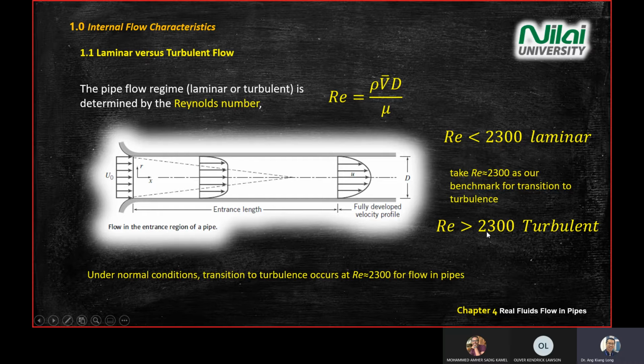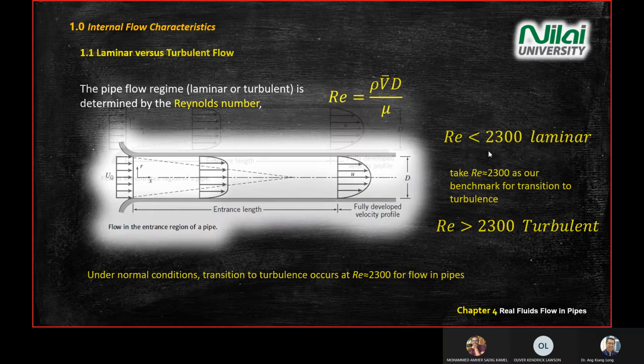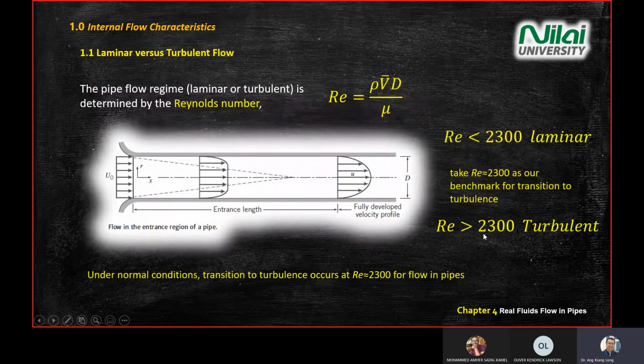It's not correct to say that 2300 is the transition phase. In transition, you will have a mixture of laminar and turbulent flow. So remember this magic number. Normally we'll use 4,000: Reynolds number more than 4,000, then you have a turbulent flow.